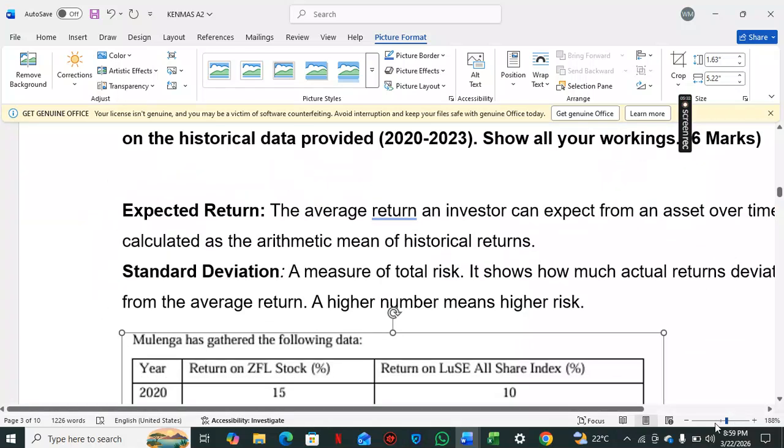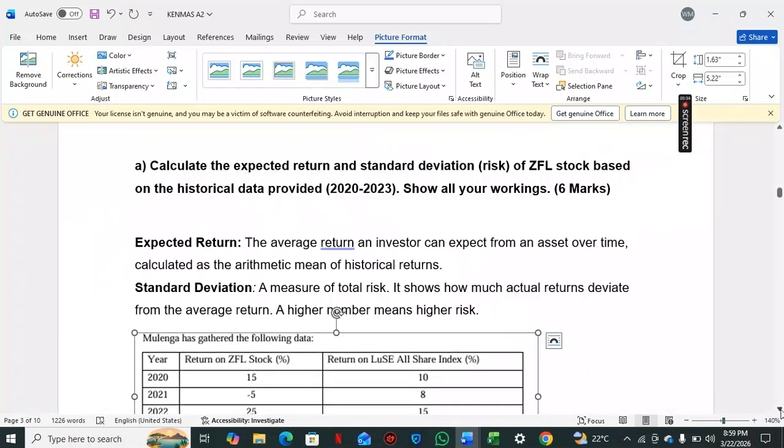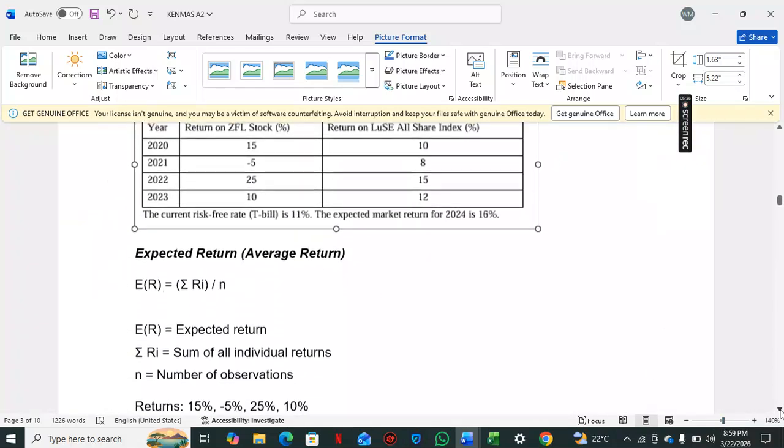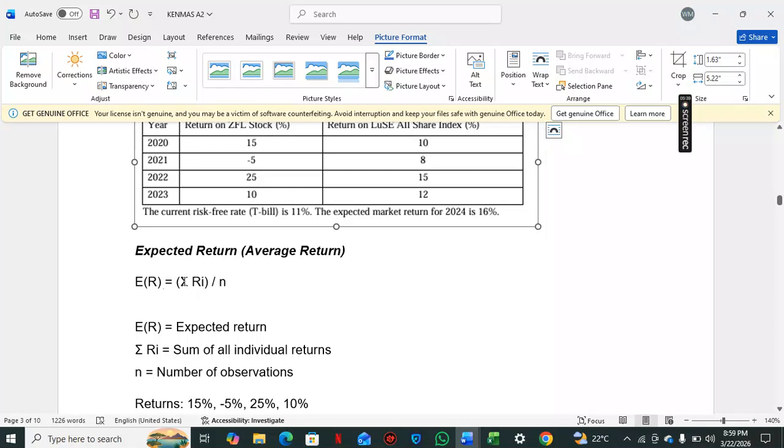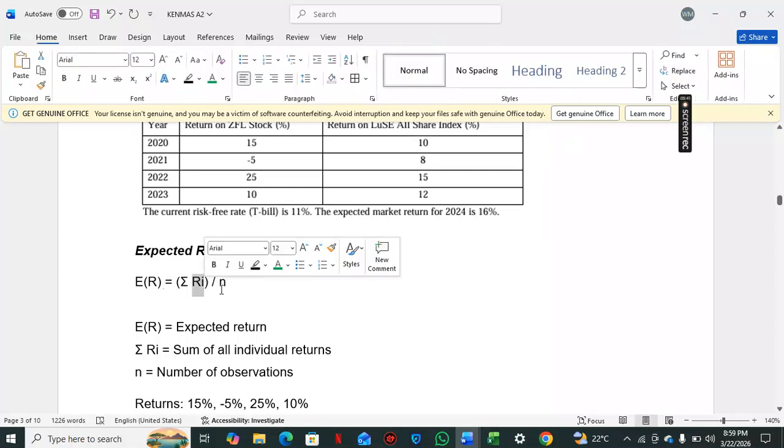We add these returns up. As you can see, expected return is the summation of the individual returns divided by the number of returns.